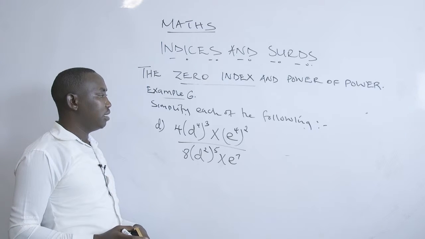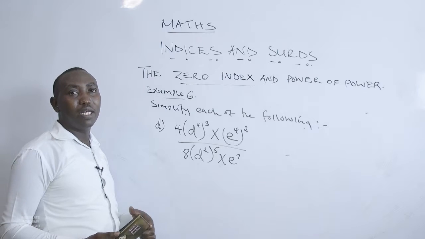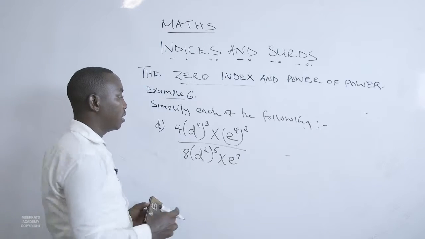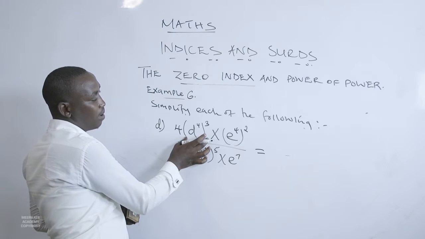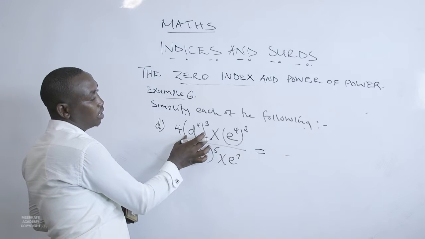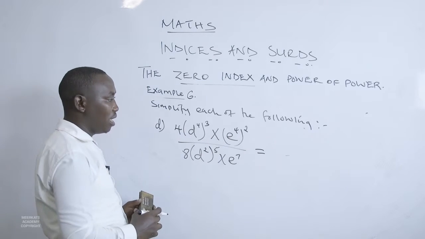So again, this is another similar example, but we now have different pronumerals in the same equation. For us to be able to solve this, we need to evaluate what we have for the factor of d and the factor of e.